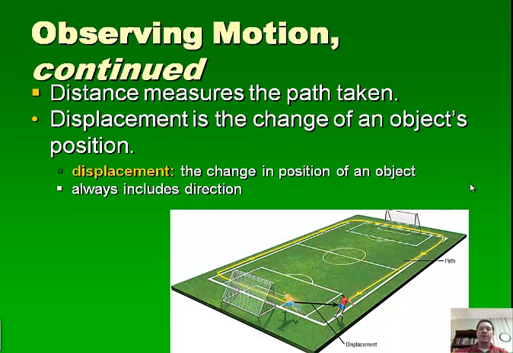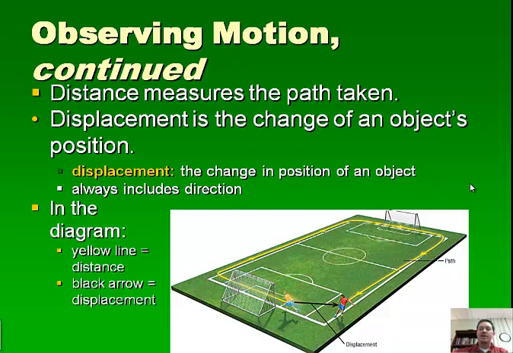So displacement is defined as the change in position of an object, and this does include a direction. So we would say that perhaps the individual is so far east from where they started. So again, the yellow line on the soccer field is the distance. The black arrow is displacement, or how far they are from their starting point.